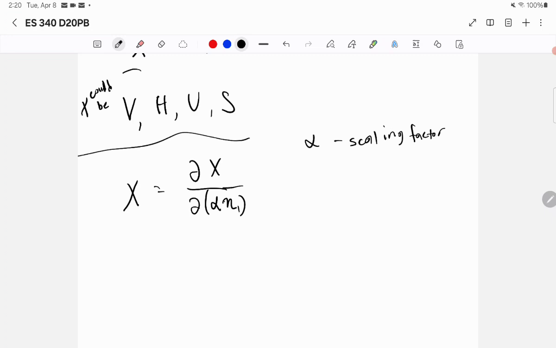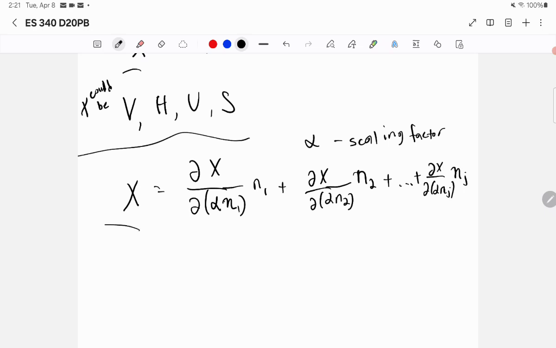So basically alpha will scale each of these molar quantities as needed, times n1, plus dX over d alpha n2 times n2, plus dot dot dot, plus dX over d alpha nj times nj. So the X, whether V, H, U, or S, can be expressed in this way.